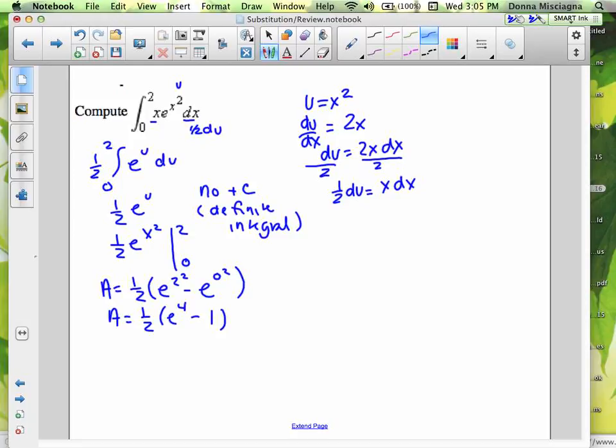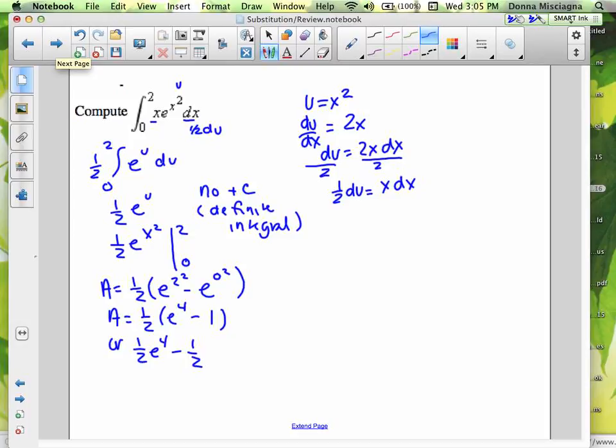So you can have your answer look like that because this would be an exact answer, or if you want to distribute the 1/2, then you'd have 1/2 e to the 4th minus 1/2. If it called for a decimal, then you could plug it into a calculator and get a decimal. Otherwise, I would just leave it like that as our answer.